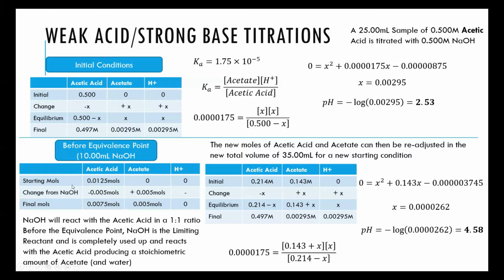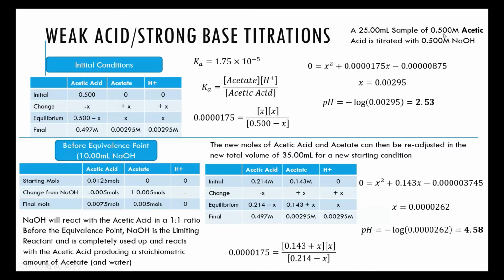Every time the sodium hydroxide reacts with acetic acid, it will produce the water and that acetate ion, that conjugate base. So you have here the moles of acetic acid is 0.0125, same as in the previous example.